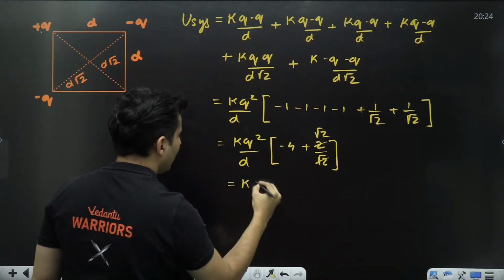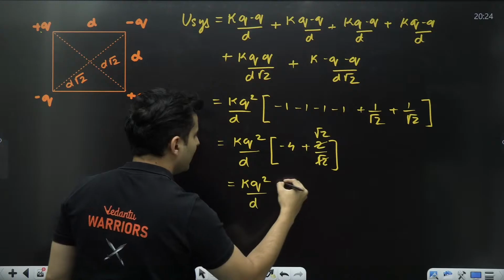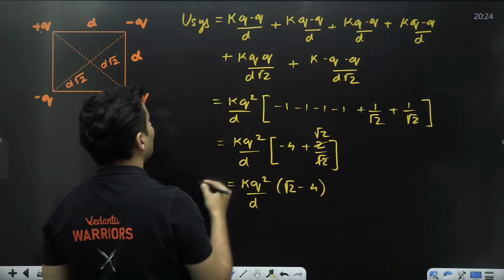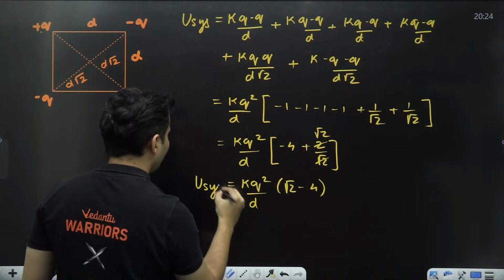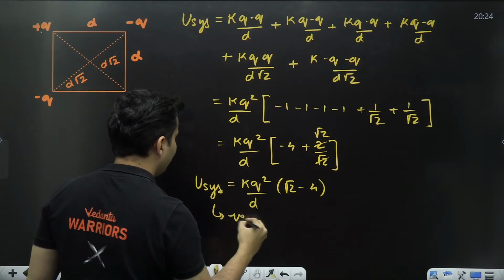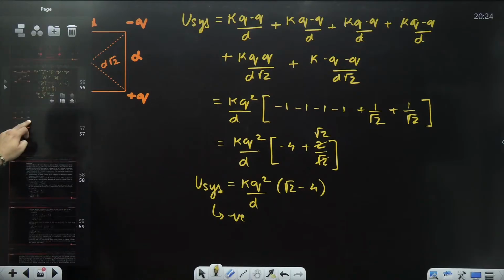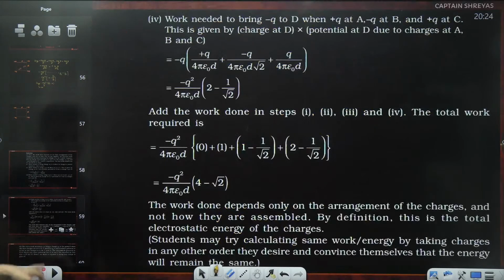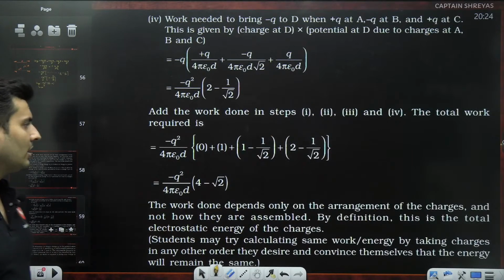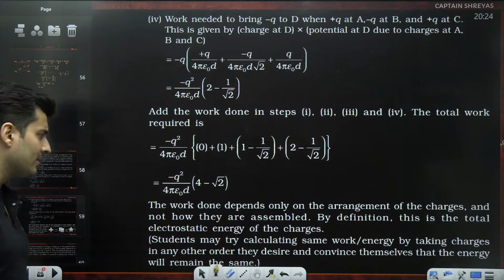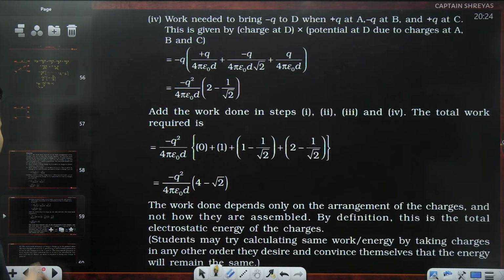Hence it will become K Q square by D times root 2 minus 4, which means the total potential energy of the system comes out as a negative value. So that is the first answer, exactly what we have got. K is substituted as 1 by 4 pi epsilon naught.